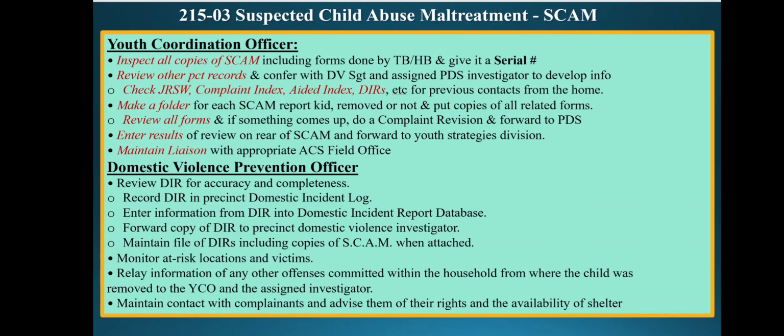Forward copy of the DIR to Domestic Violence Investigator. Maintain file of DIRs, including copies of SCAM reports when attached. Monitor at-risk locations and victims. Relay information of any other offenses committed within the household from where the child was removed to the youth coordinating officer and to the assigned investigator. Maintain contact with complainants and advise them of their rights and the availability of shelter.